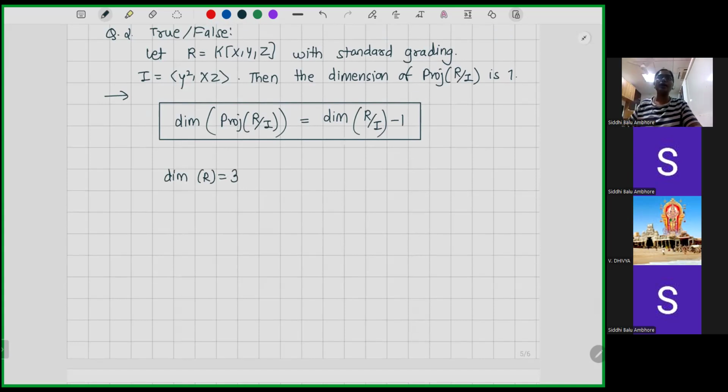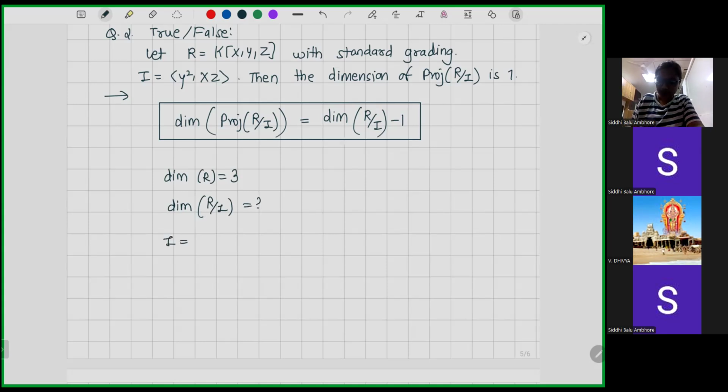And the dimension of R/I, if I want to find it, I need to find the height in the quotient ring.